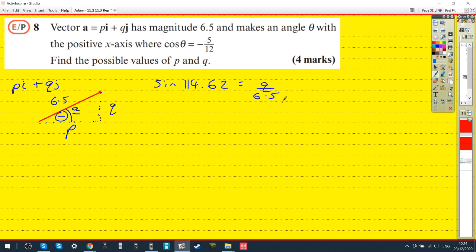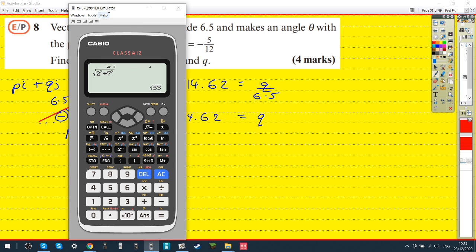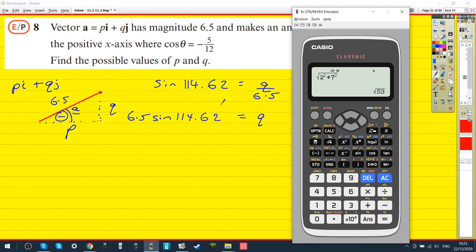And then you can multiply by 6.5 on both sides, which gives you 6.5 sine 114.624 equals Q. And then you put that into the calculator, which gives 5.9. So I think it's supposed to be 6.